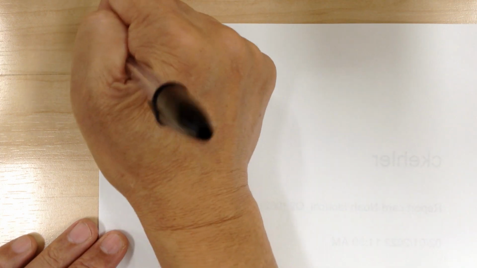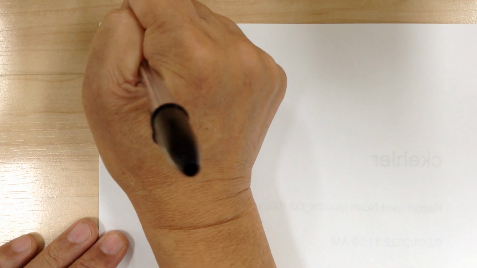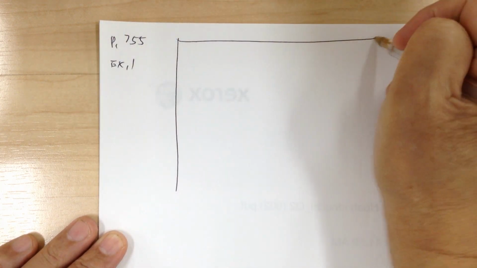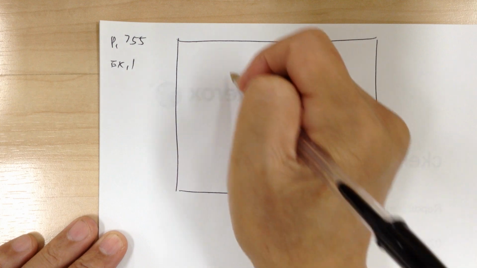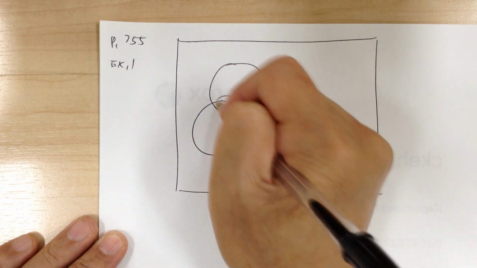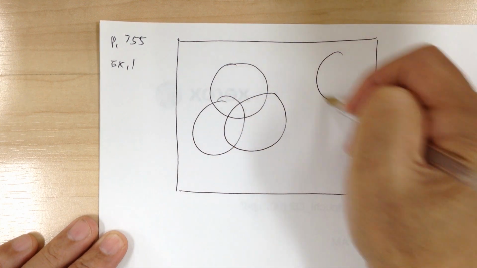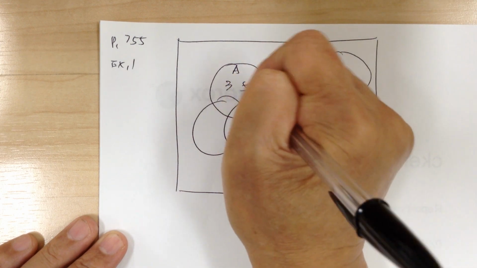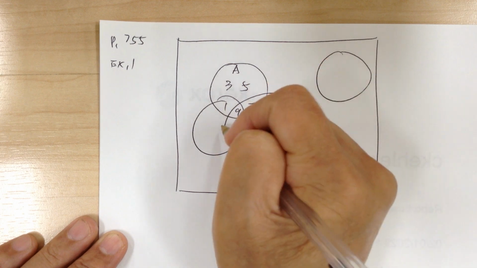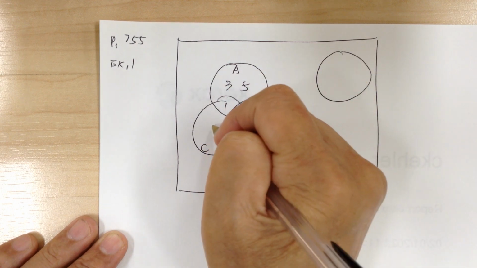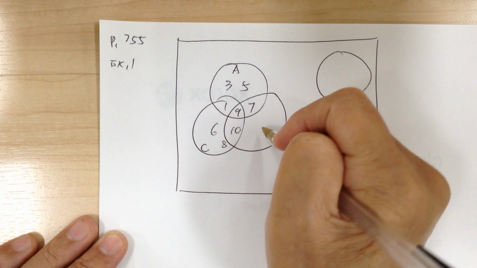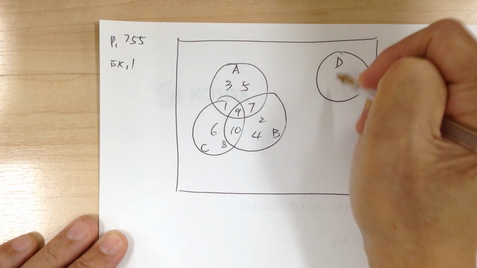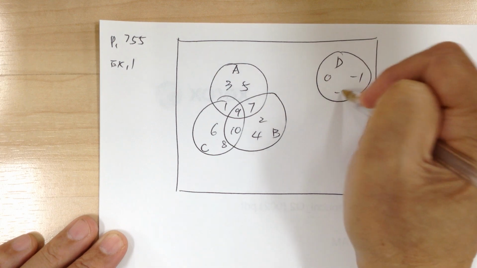Okay, now let's go to example 1. Here's your A: you got 3 and 5, 1, 9, 7. This is C, so it's 6, 8, and 10. And B, you got 2, 4 over here. And D is 0, negative 1, negative 2.